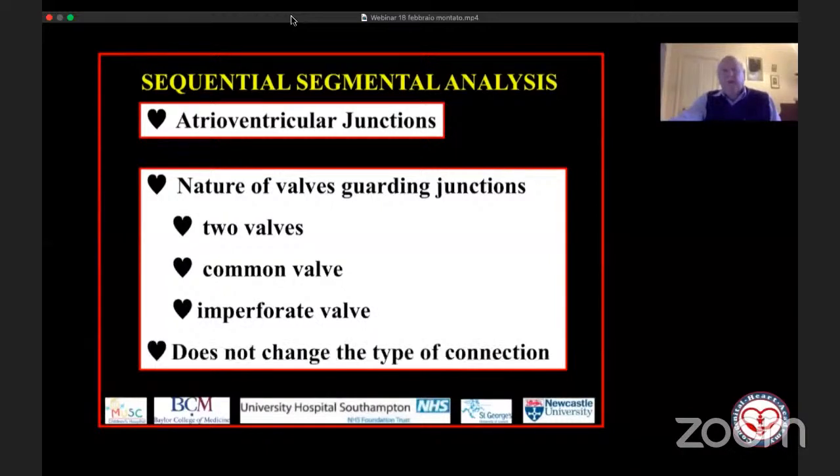So now we're going to look at this modification of the types of connections to emphasize that those changes in the valves do not change the type of connection. And that is what Diane will now illustrate to you.